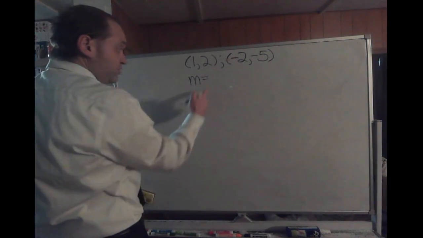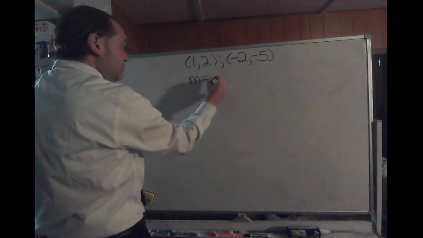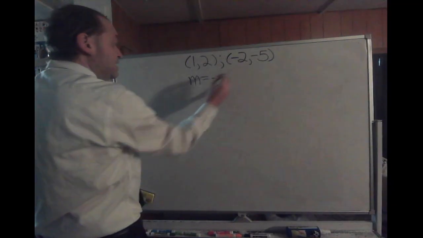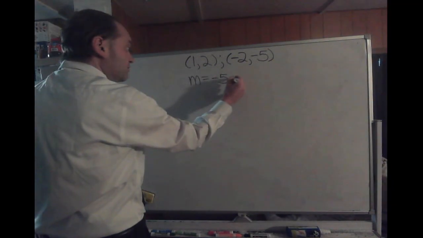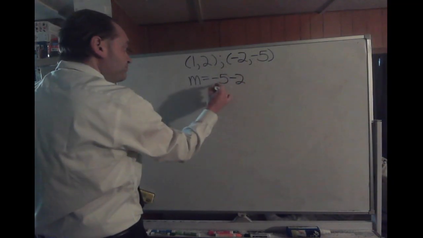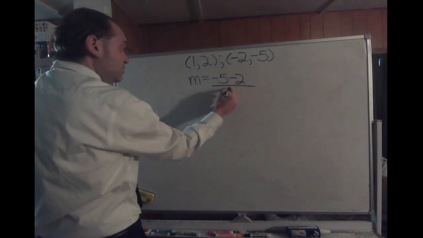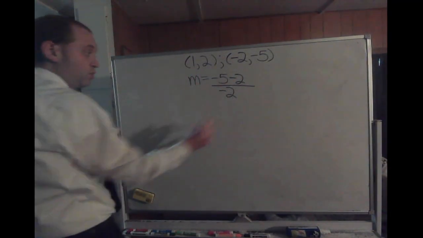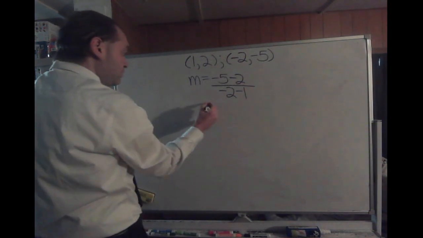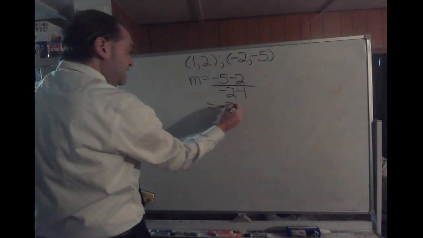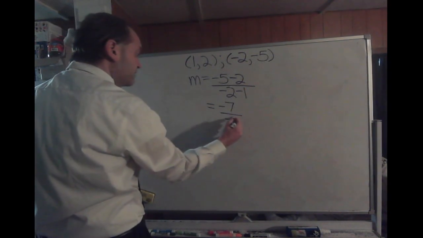It's going to be your second y coordinate of negative 5 minus your first y coordinate of 2, over your second x coordinate of negative 2 minus your first x coordinate of 1, which would just give you negative 7 over negative 3.